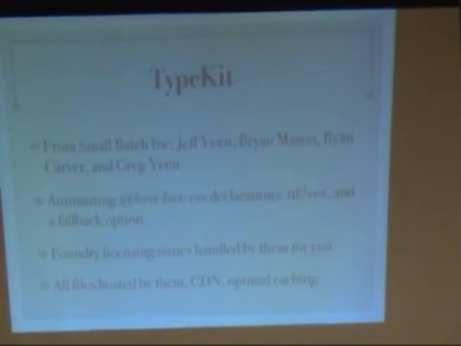EOT? Font face. Oh, font face. Okay. And then it's in all IE browsers because they use EOT. It's been in there since IE5. So it'll try and use that. If that doesn't work, then they're going to fall back to something like Cufón. But whenever this comes out, let's say it comes out in July or August, I think most Firefox people will move to 3.5 by then. So @font-face will be the primary way of doing these things.